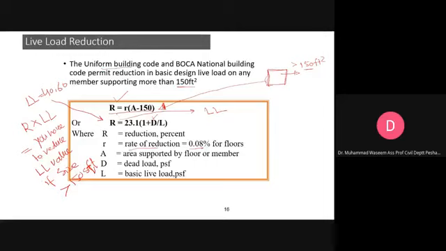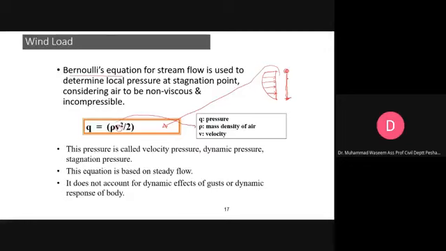So how do you calculate it? You use this formulation to reduce your live load, and you just multiply this factor with the live load, if the area you are considering is greater than 150 square feet. I will stop here.